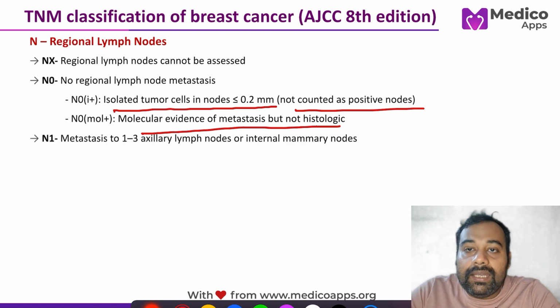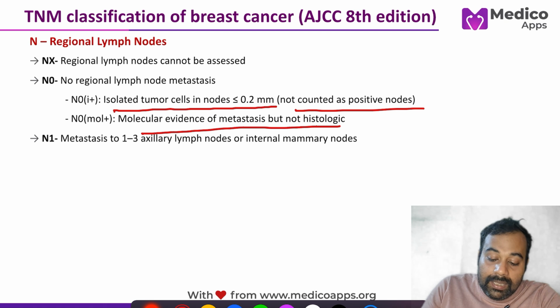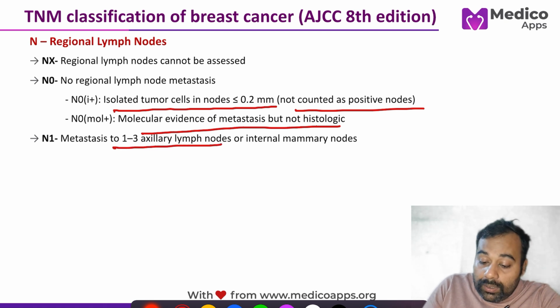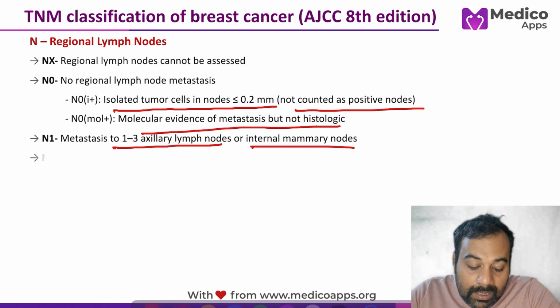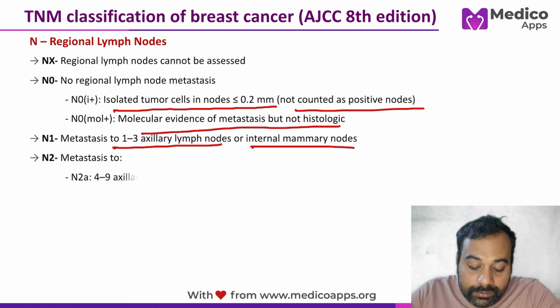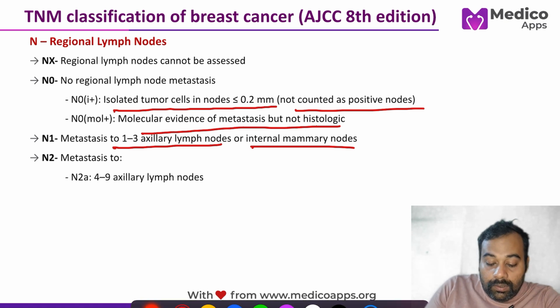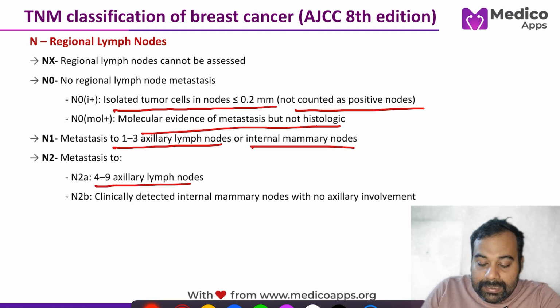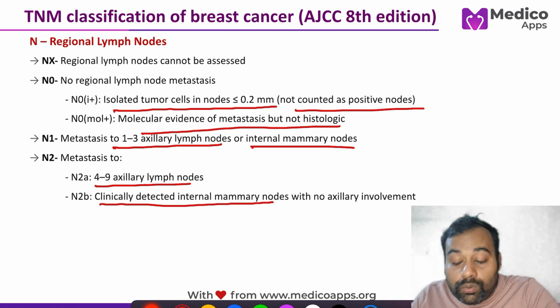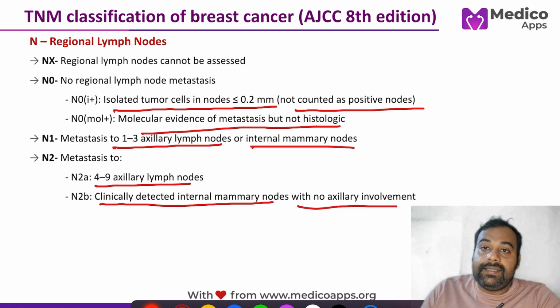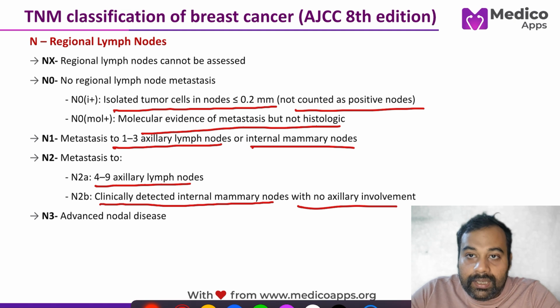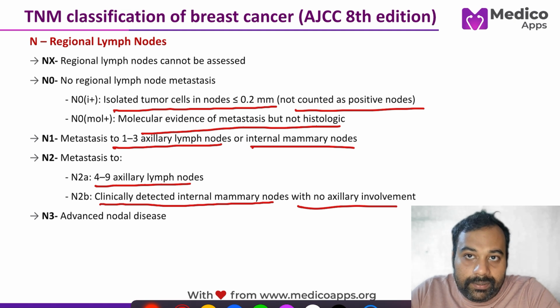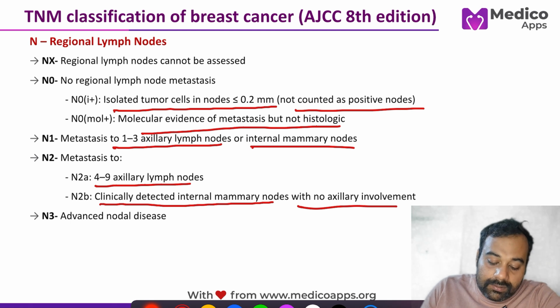Now we have N1, that is 1 to 3 axillary lymph nodes or internal mammary lymph nodes. N2: N2A is 4 to 9 axillary lymph nodes. N2B is clinically detected internal mammary lymph nodes without any axillary involvement. So this is your N2 stage, and N3 is advanced nodal disease.